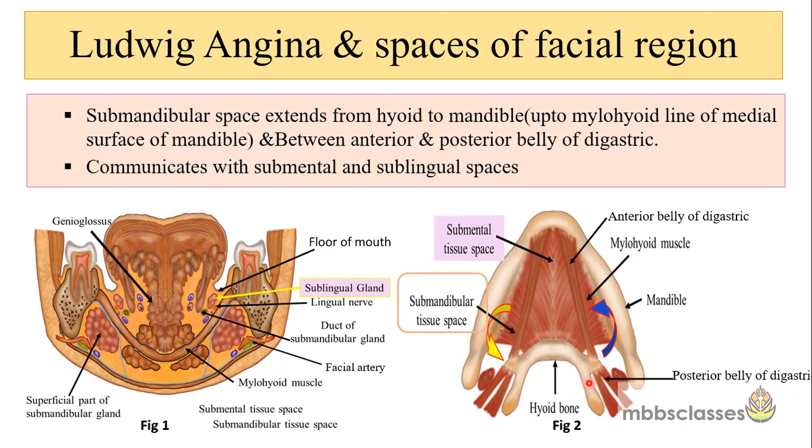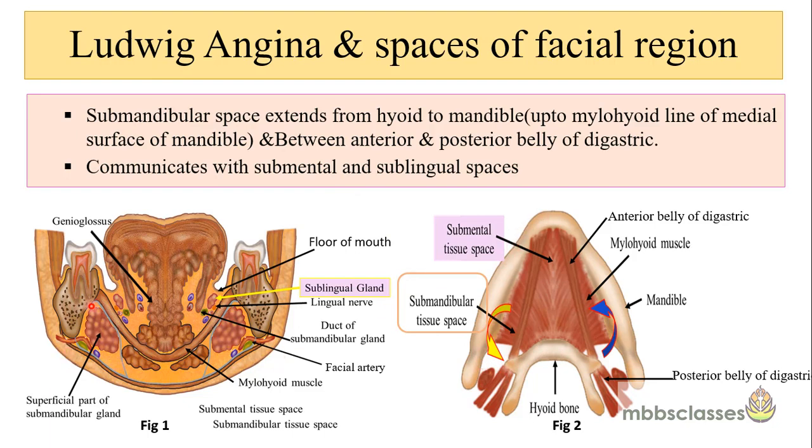So this is the mandible and this is the hyoid bone. It looks as if the picture is taken from inferiorly. Here you can say that the first space to be involved in Ludwig's angina is the submandibular space, which communicates with the sublingual and the submental space. This submandibular space extends from the hyoid bone up to the mandible.